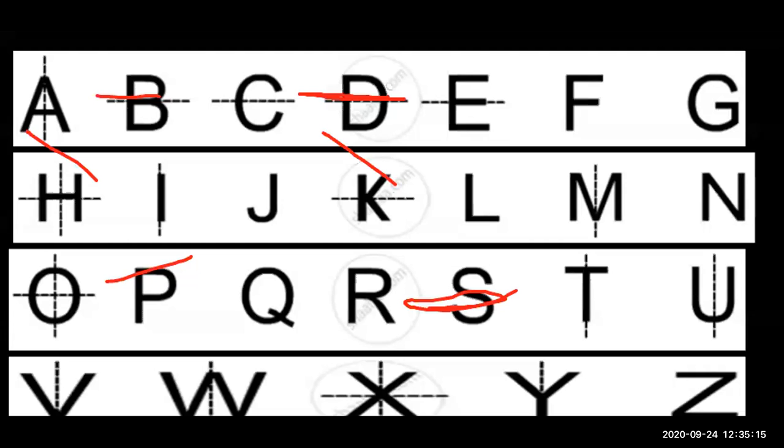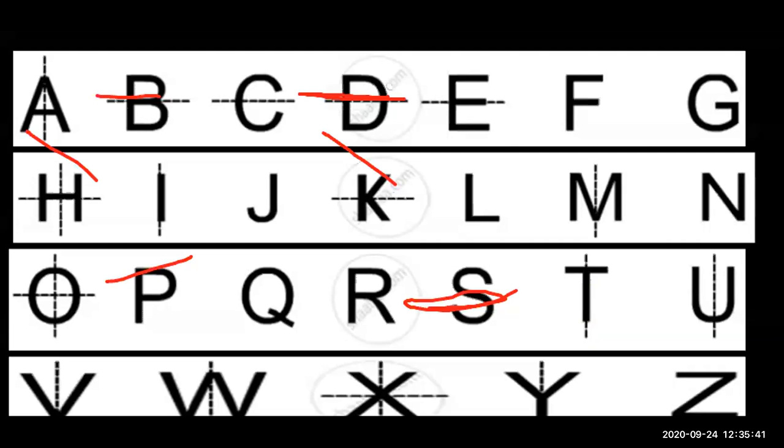So the letter S is also not showing an axis. Now T, if I divide straight, it will show the axis. But if I divide it sleepingly, it will not show the axis. So T will show only one axis.